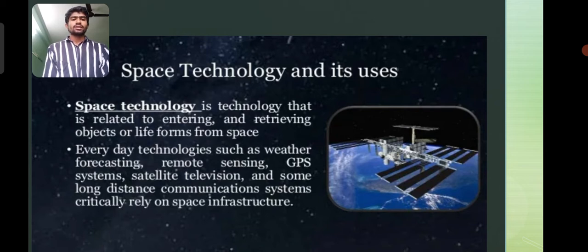With weather forecasting, nowadays people can know the weather two days ahead. Our future weather we can also recognize by weather forecasting.